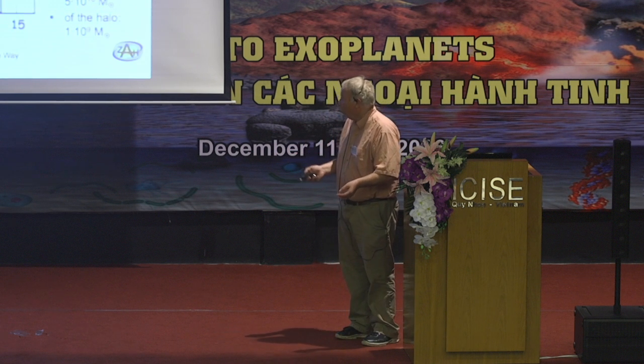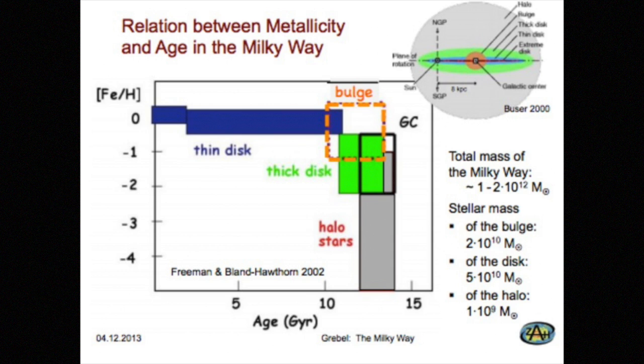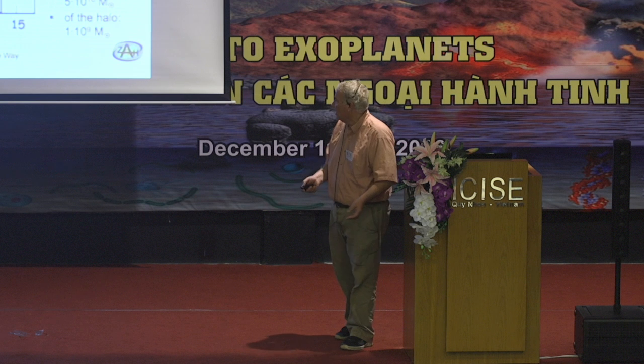Another way to look at this is where we see that the only region of the galaxy, the halo doesn't work, the thick disk doesn't work, and the bulge, well, maybe some stars in the bulge, but in the thin disk, it's the only place where we have the iron abundance that is sufficient for planets that are truly Earth-like.